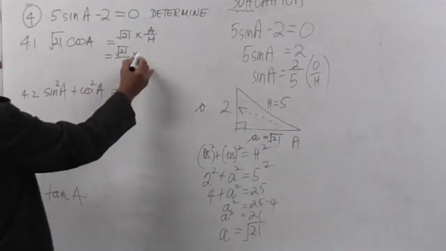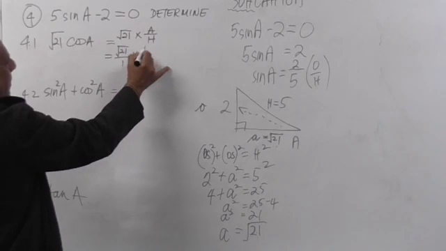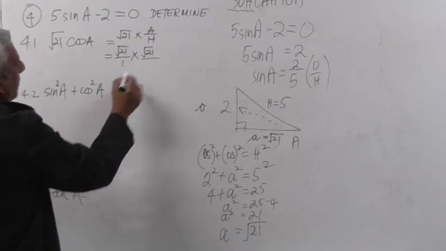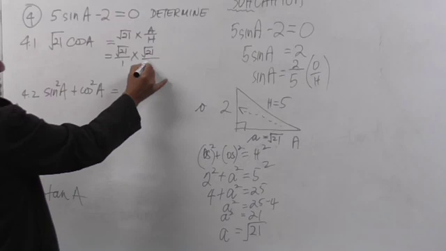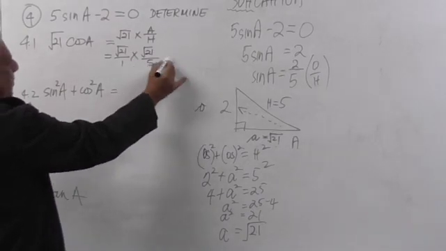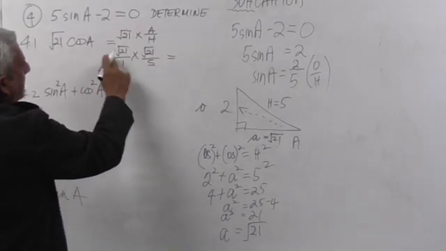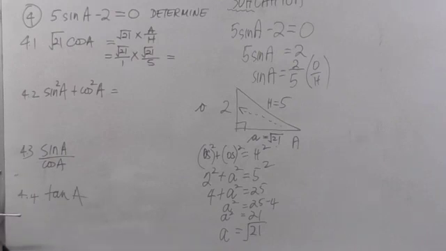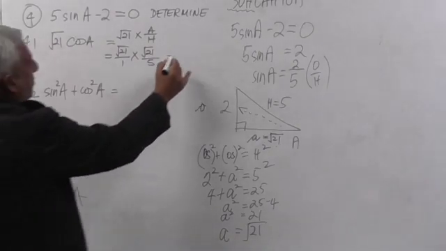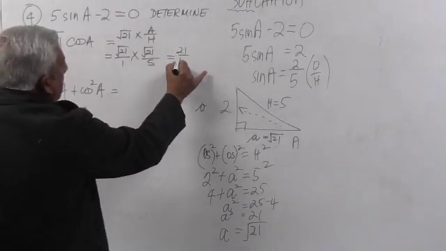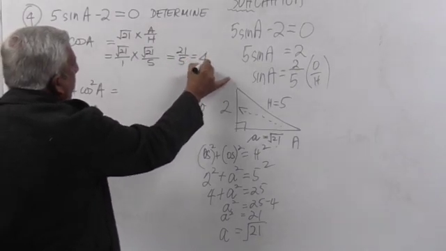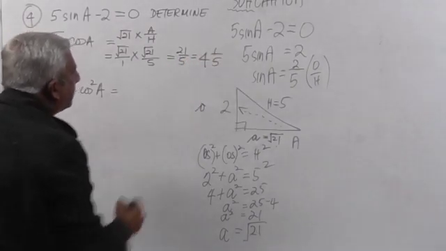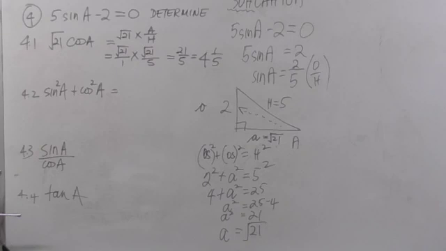A is root 21 times root 21 over the hypotenuse, which is 5. Now put it in the calculator. Just put that in the calculator and you'll end up with 21 over 5, which can also be 4 1/5. Okay. So use your calculator to help you, right? So root 21 times A over H.